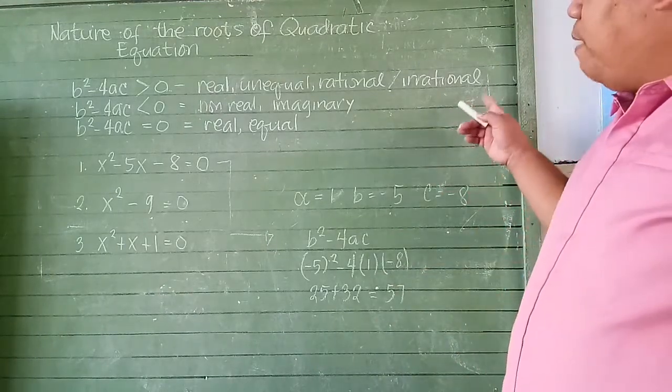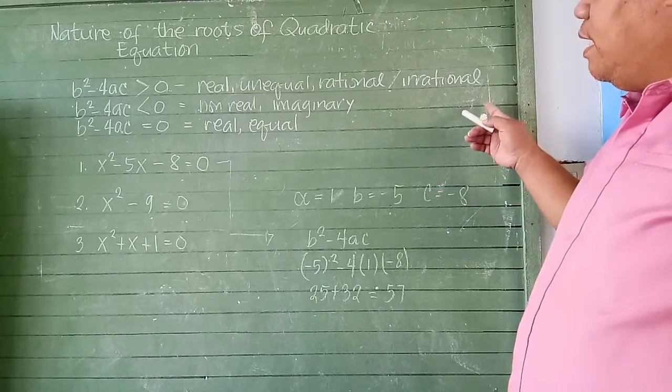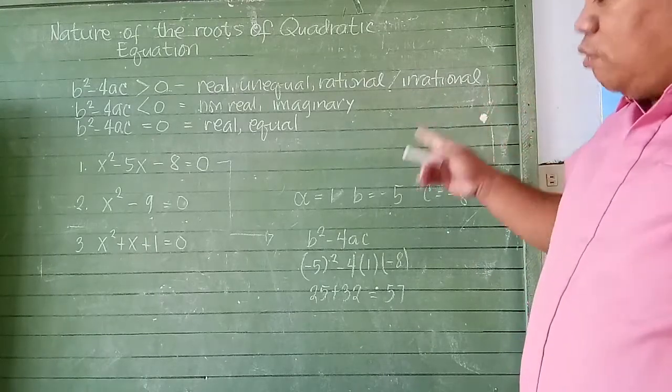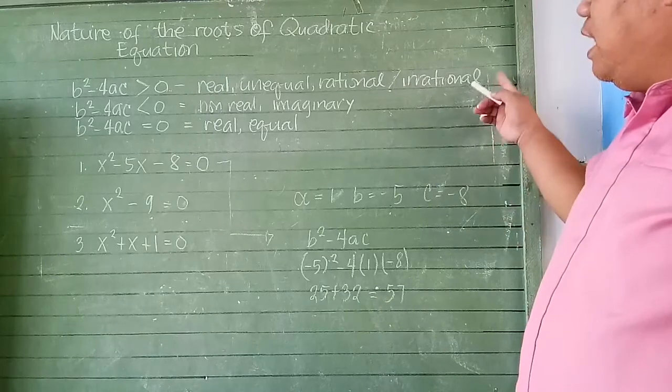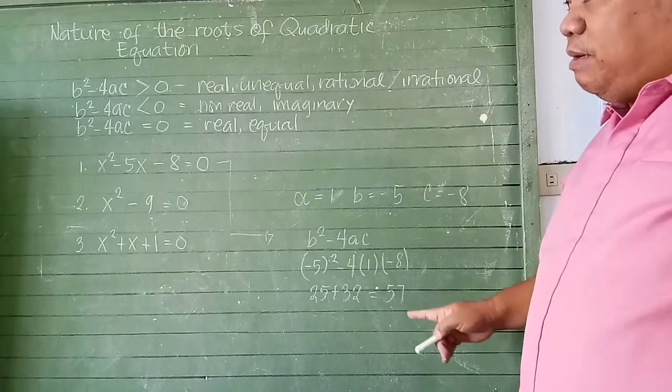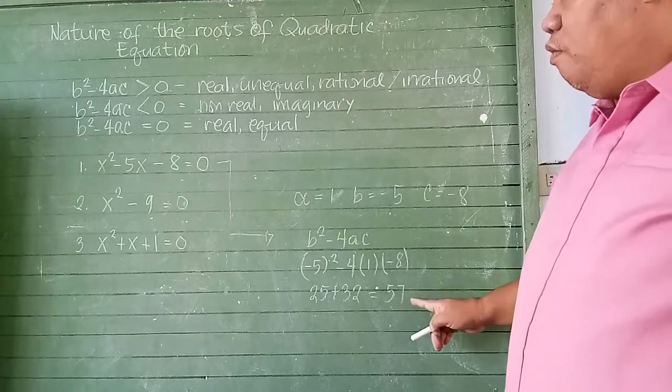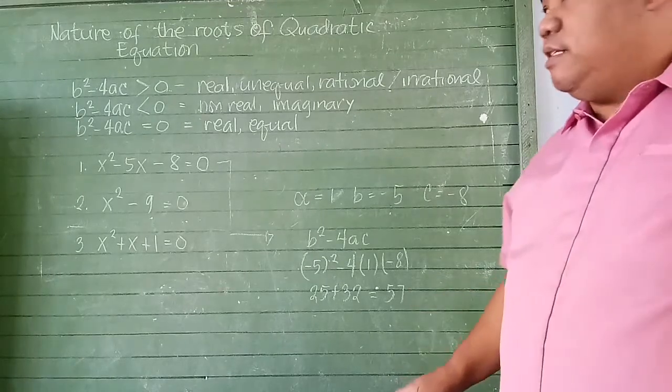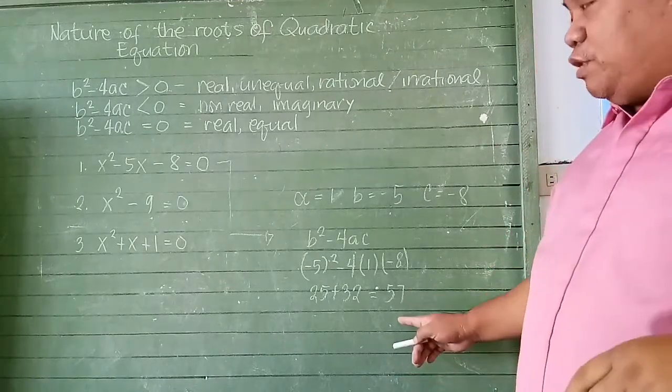So we're going to identify these three classifications of the discriminant. I think this one will fall here on class 1, wherein the discriminant is greater than 0. D is greater than 0. So therefore, what will be the types of roots we have?